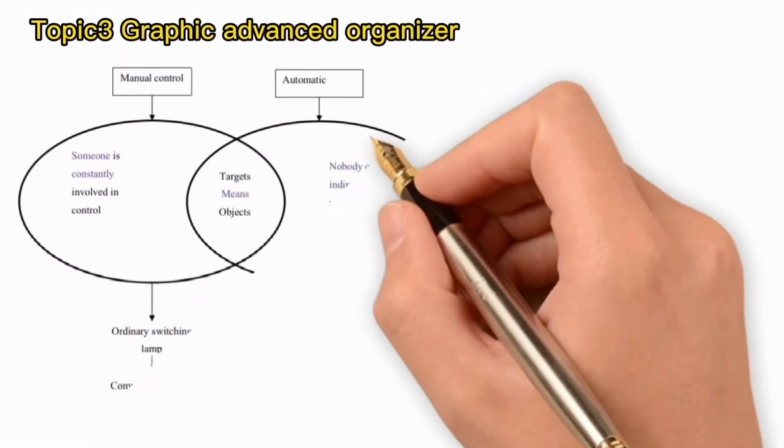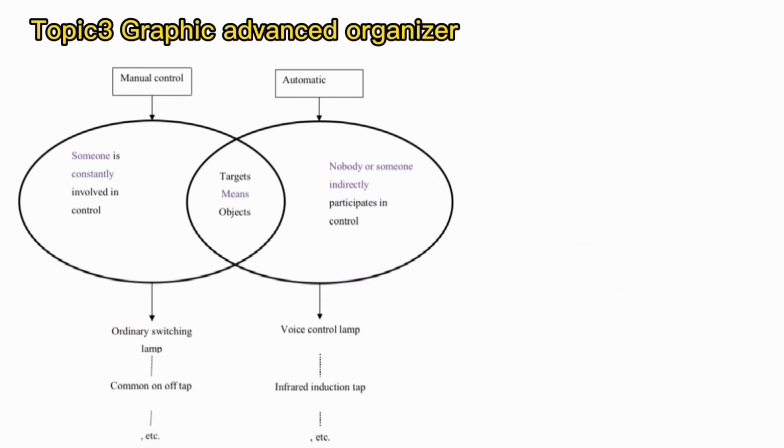The graphic advanced organizer shows the topic in a graphic form, with a contrast in the form of a list of today's topics, manual control and automatic control. It also highlights the relationship between the two, and the similarities and differences can be clearly reflected in the concept chart.